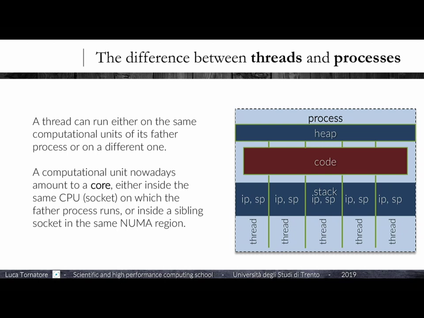So you have your node, your board, sorry, and here is the memory, which is shared. Here you have your 4 sockets. Each one has its own memory channel to the memory with a limited bandwidth.